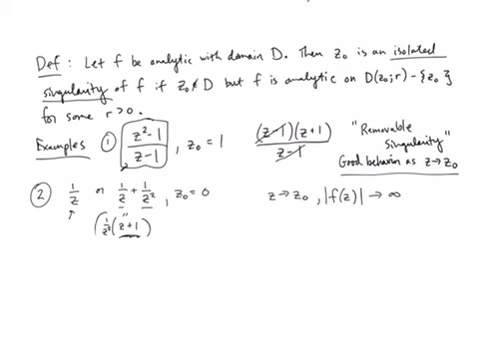But this 1 over z squared definitely goes to infinity. So the norm of f of z is going to infinity as z approaches z0, and this will be called a pole.